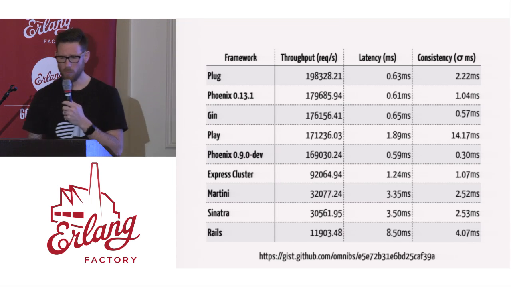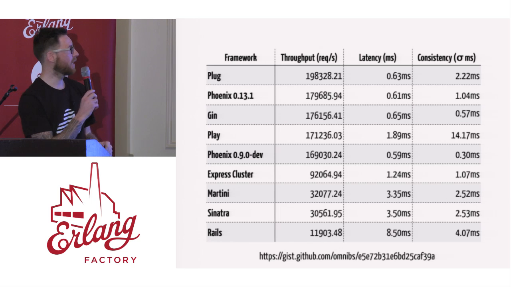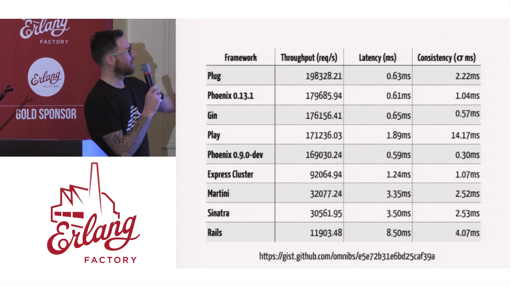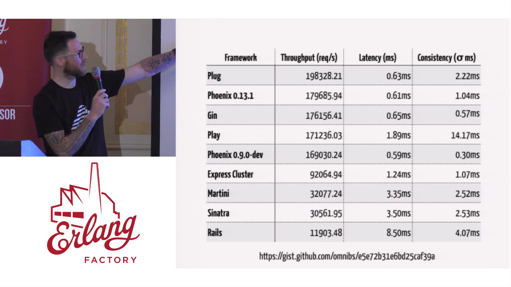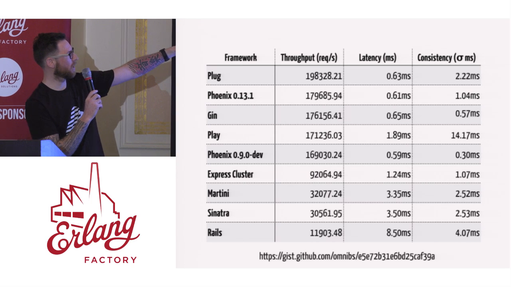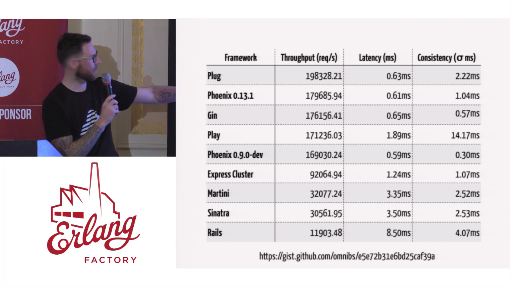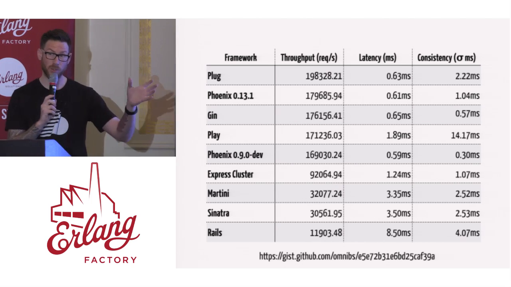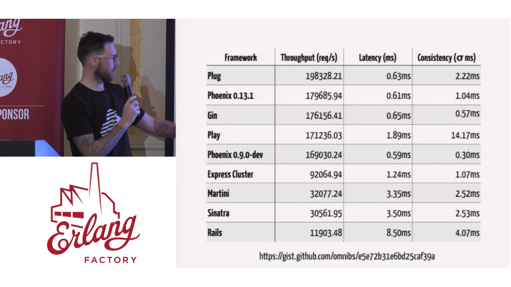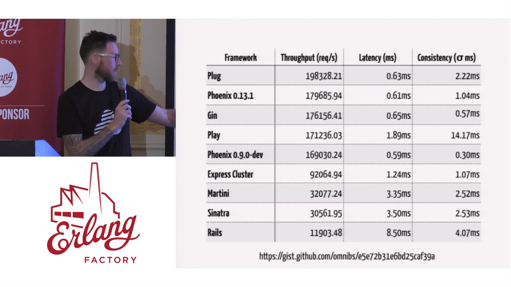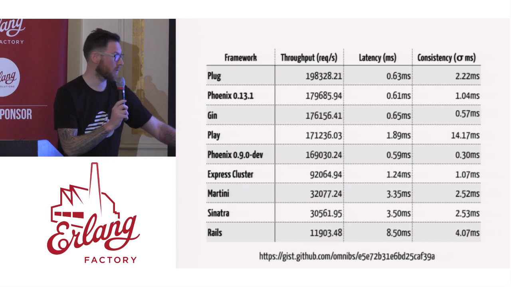And what we find here is that Gin is a Go framework, I think, and Play is from Scala. We've got Node.js with an Express cluster of machines, Martini, which is another Go framework, and then we've got Sinatra and Rails down here.